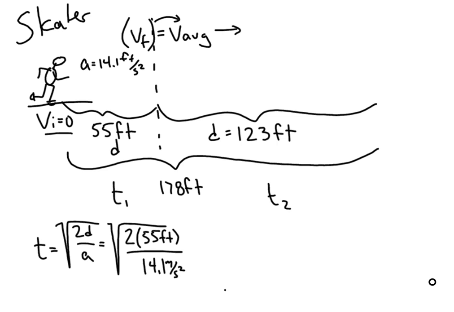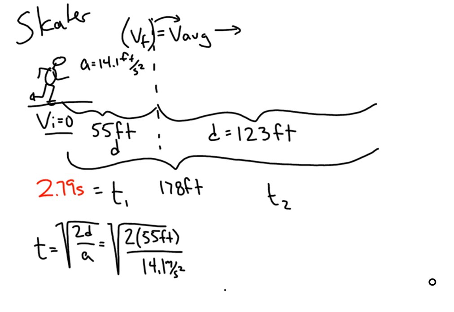When we calculate that out, we get a time of 2.79 seconds. We'll go ahead and put that right back into our diagram, but I'm going to color code it so that I know it's something I calculated.